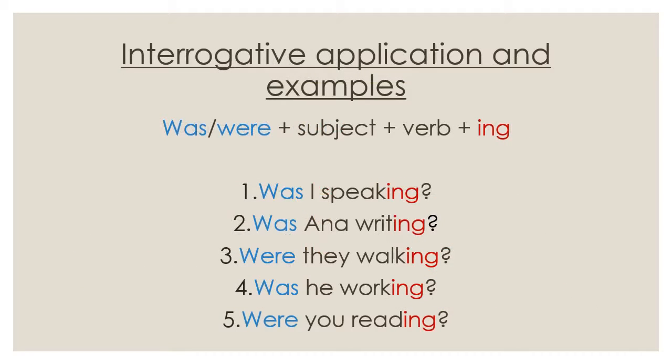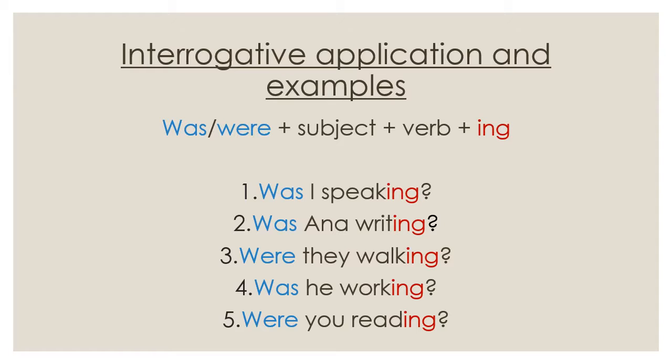Next on the list is the interrogative sentence form, which we can use if we want to ask someone a question about things that were happening in a past period of time. And this is achieved by the inversion of the subject and the auxiliary verb to be, which means that instead of having the subject first, we first have the verb to be and then the subject, followed by the verb plus ing.